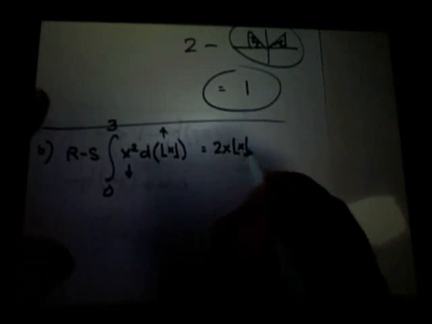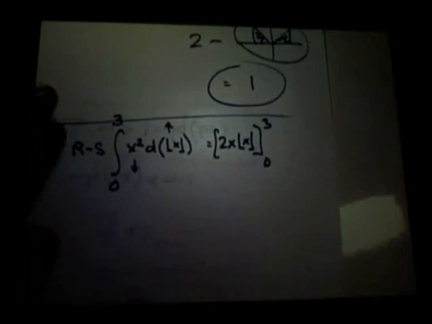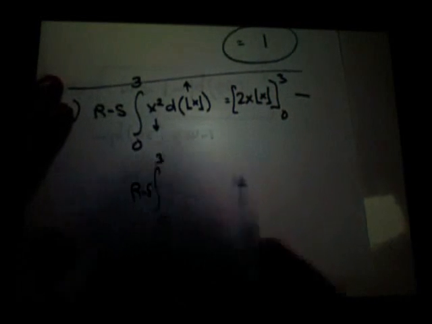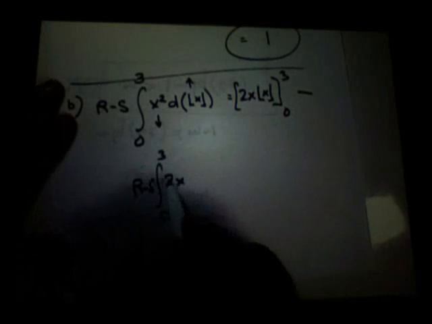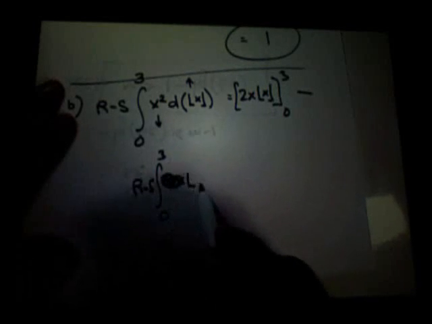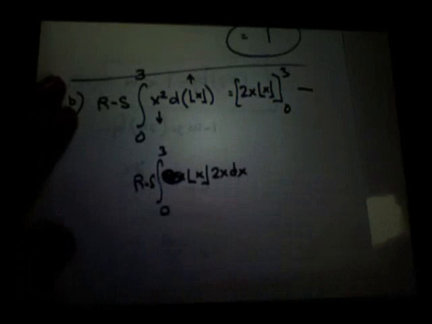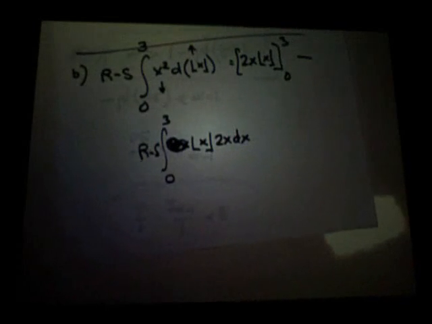I get 2x floor function x evaluated from 0 to 3, right? Minus the integral from 0 to 3 of 2x floor function of x dx.